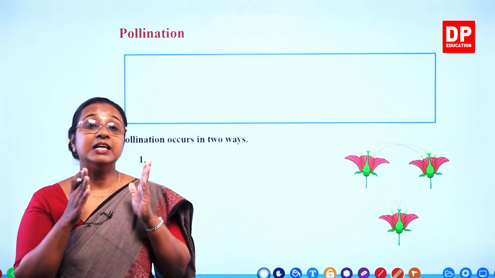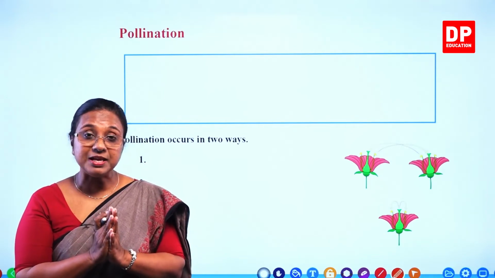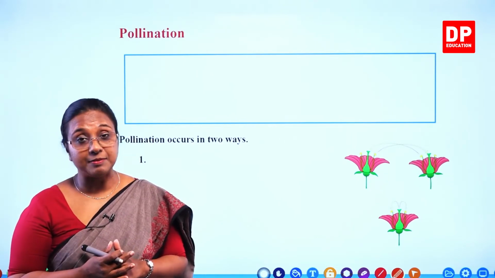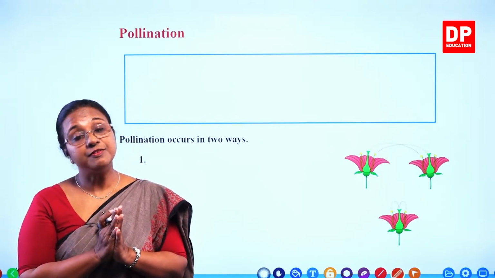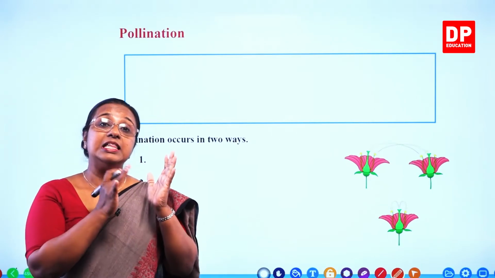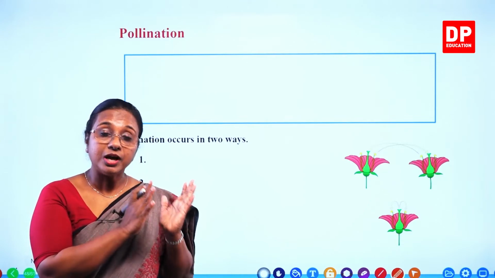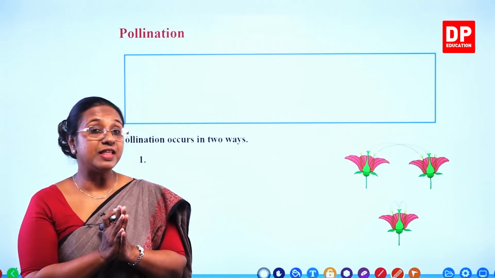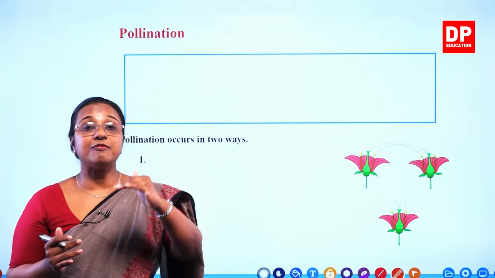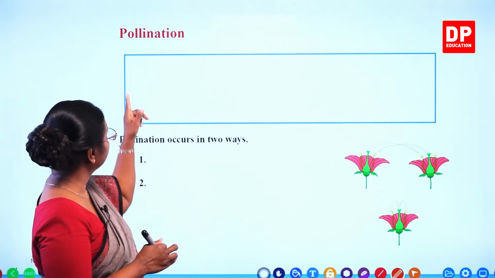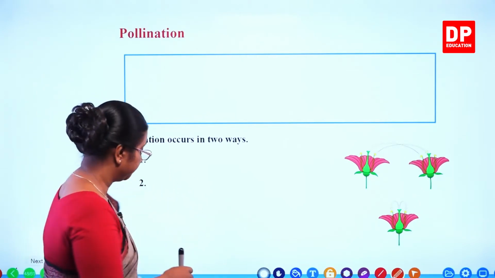Inside the ovary, the male gametes will fuse with the ovules, that is the female gametes. That process will be the fertilization process. So, for that to happen, the pollens have to come out of the anther, released by the bursting of the anther, and they have to deposit on the stigma. That process is what we call pollination.